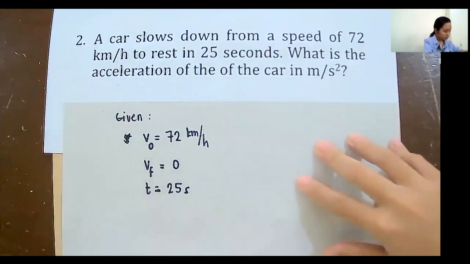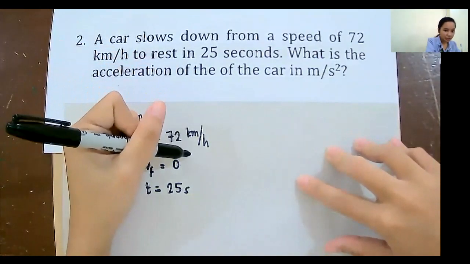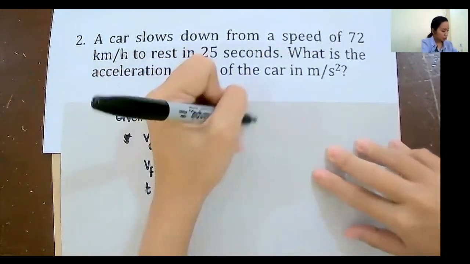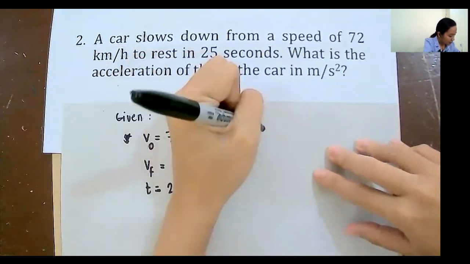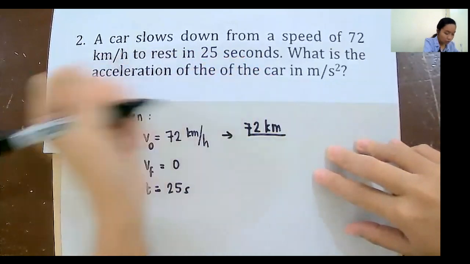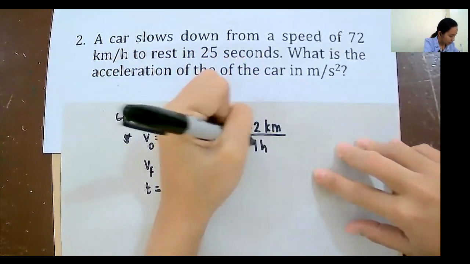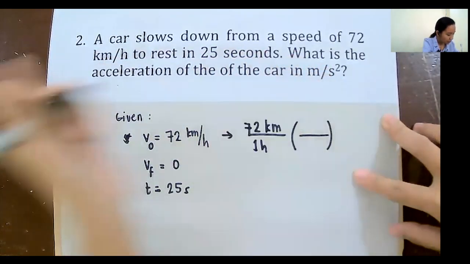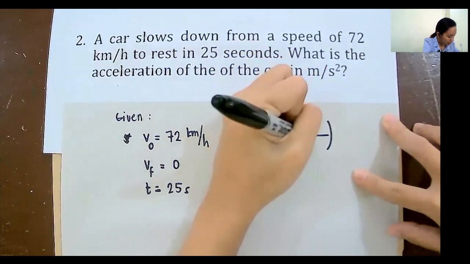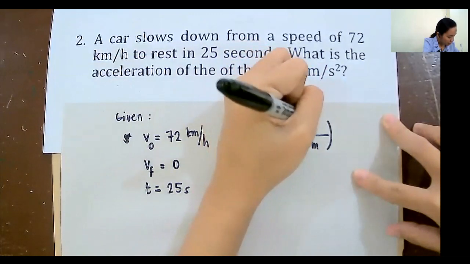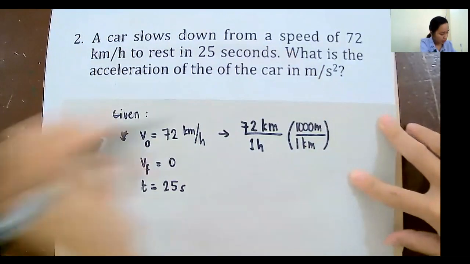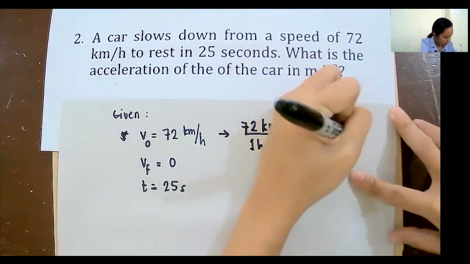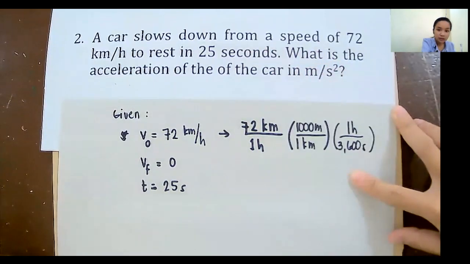Since the speed is again in kilometer per hour, we have to convert this into meter per second. So, 72 kilometer over 1 hour times, in 1 kilometer, we have 1,000 meters, and in 1 hour, we have 3,600 seconds.